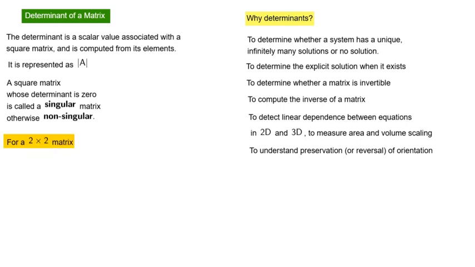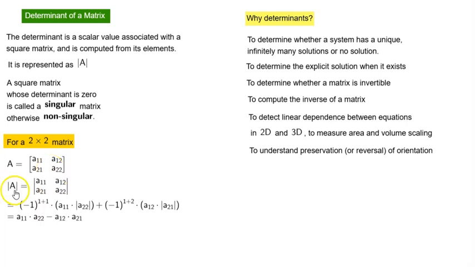For a 2 by 2 matrix, let's say we have a 2 by 2 matrix A. Determinant of A is equal to the determinant of A11, A12, A21, A22, which is equal to, now look at this carefully, minus 1 to the power of 1 plus 1, we are adding the subscripts, times A11 times the determinant of A22, plus minus 1 to the power of 1 plus 2 times A12 times the determinant of A21.